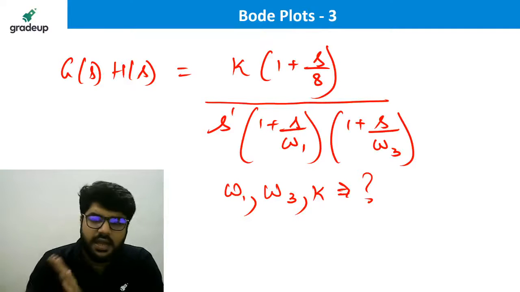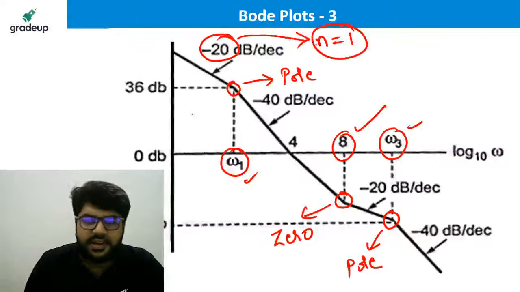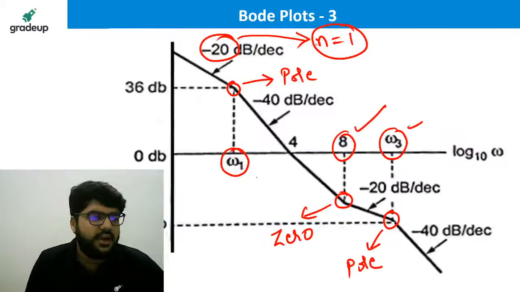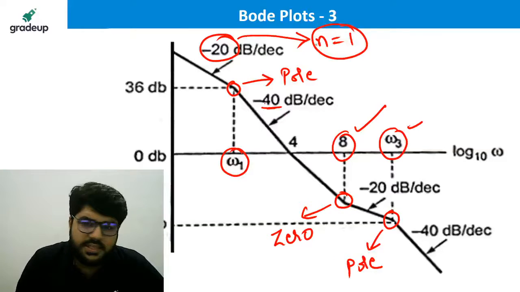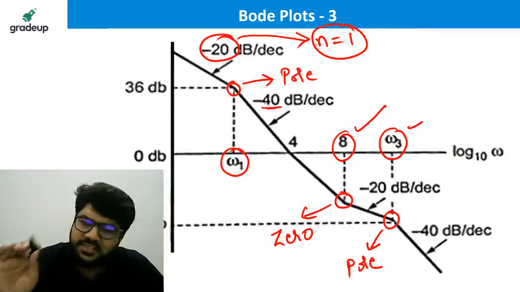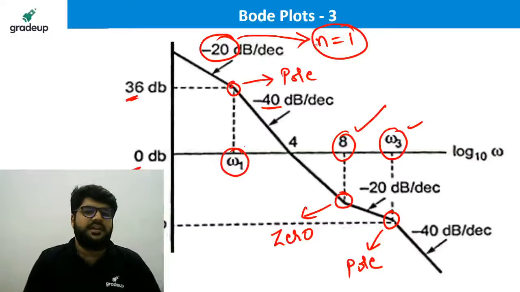Now, how to get omega 1, omega 3 and k? Let us try to solve it step by step. Now guys, omega 1 can be found by using the slope minus 40. Slope is y2 minus y1 upon x2 minus x1. Slope is minus 40. This magnitude is 36 and this is 0, so the unknown frequency omega 1 will be obtained.